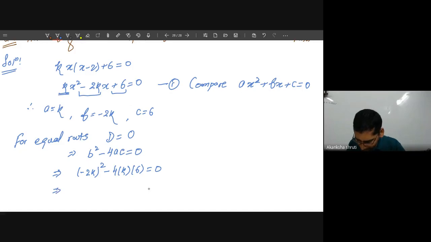So this becomes minus of 2k square, that is 4k square, then minus 4 times k times 6. 4 sixes are 24, and the sign is always positive because both a and c are positive, and k is still there, equals 0.